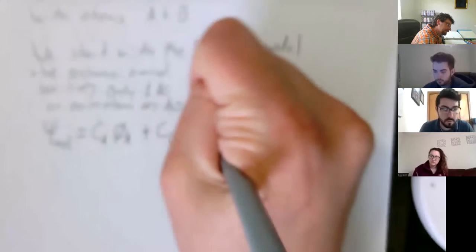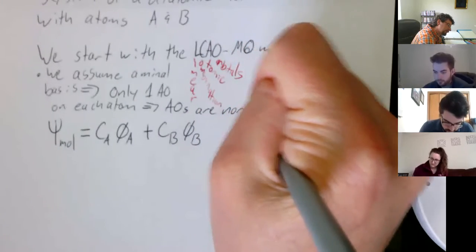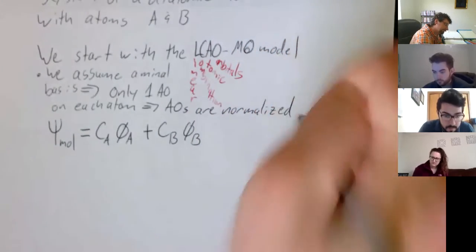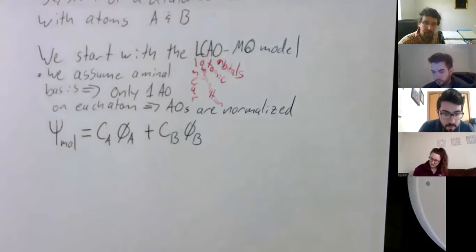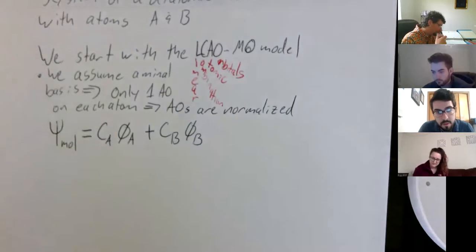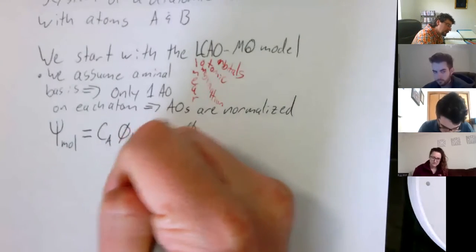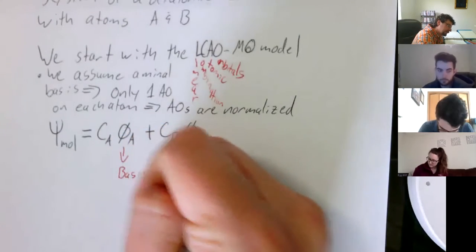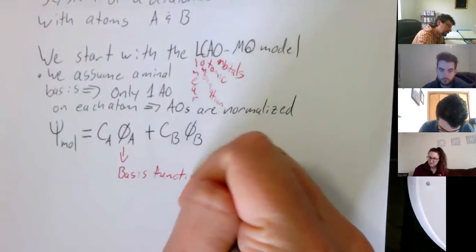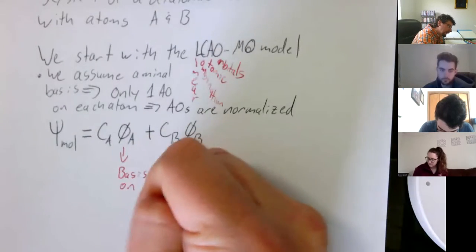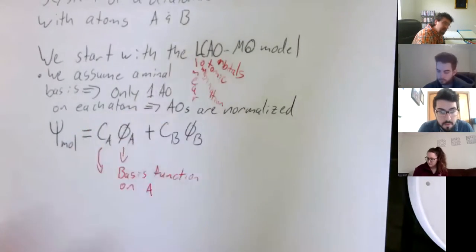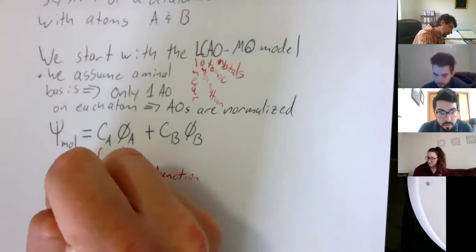And these AOs are normalized. So we assume those two things. So this would be the basis function on A, and this is the contribution of that basis function.